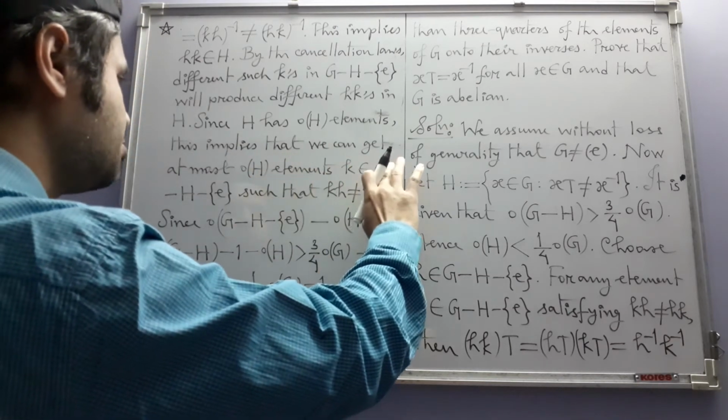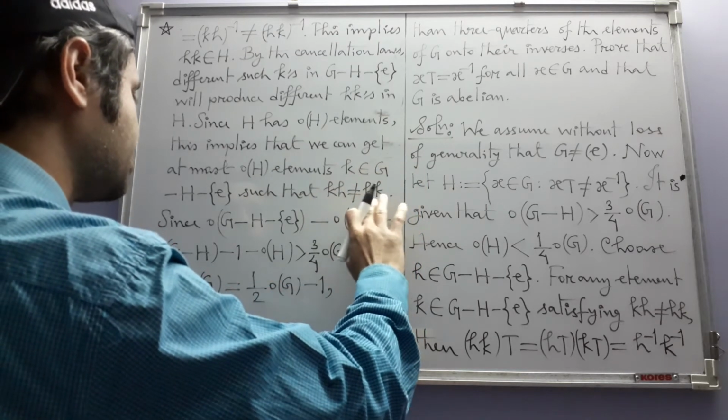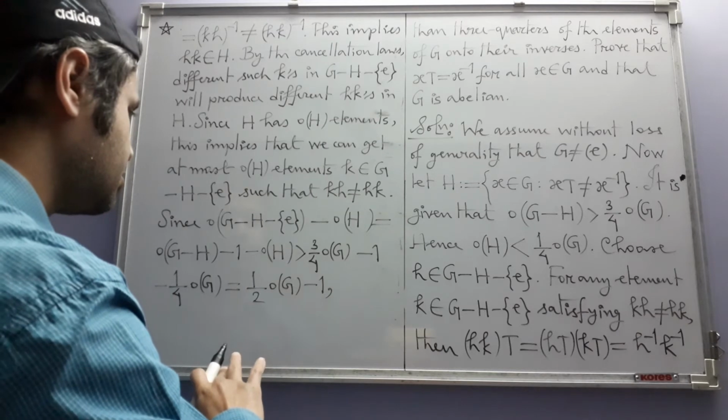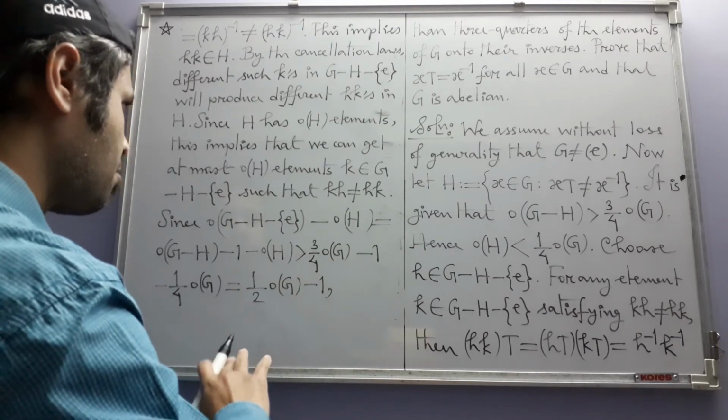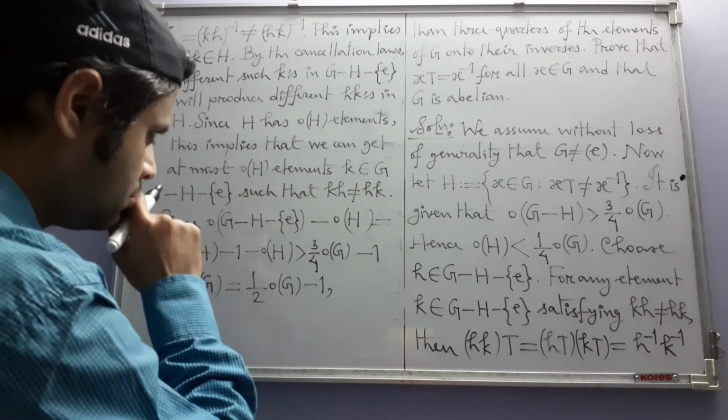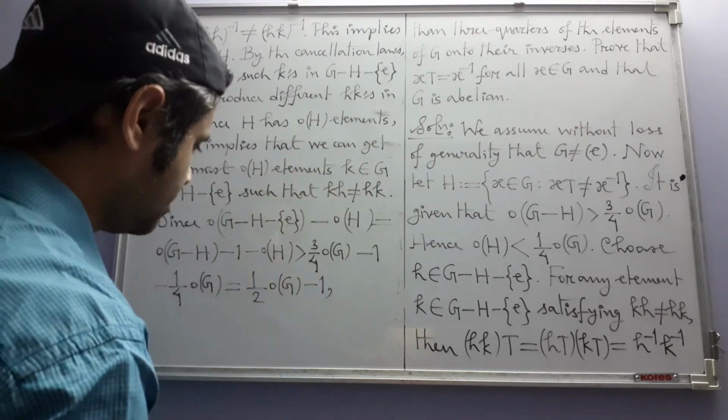At most this many elements for which something happens. So at least that many elements for which this does not happen.